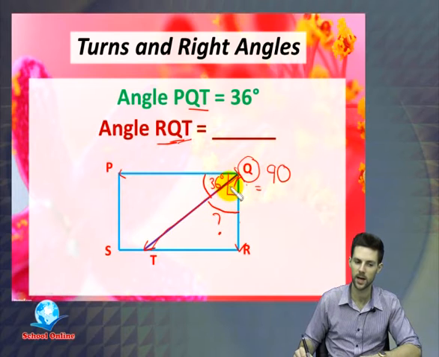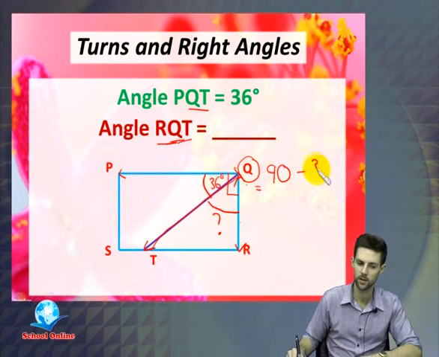So we can use that to find out the angle RQT. 90 minus 36 equals, what's the answer? 54.